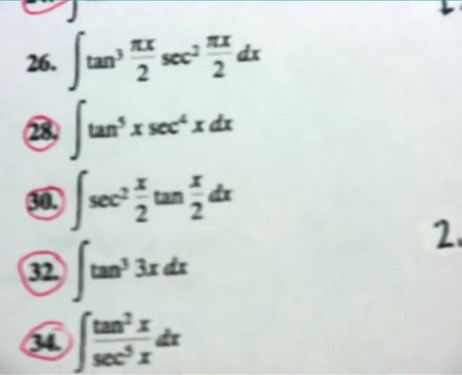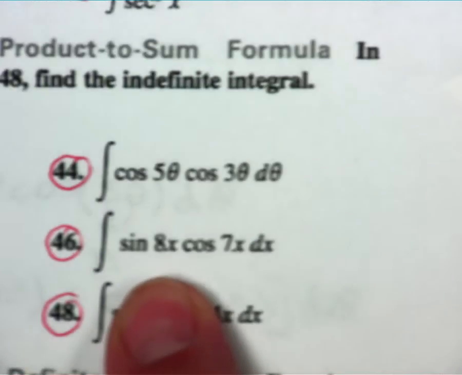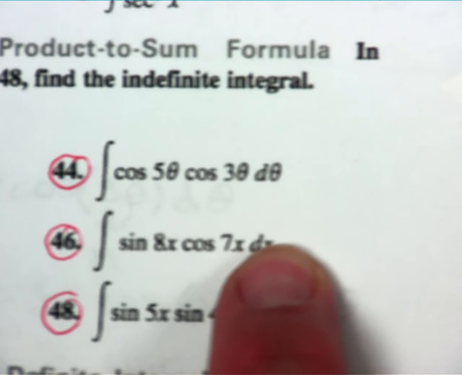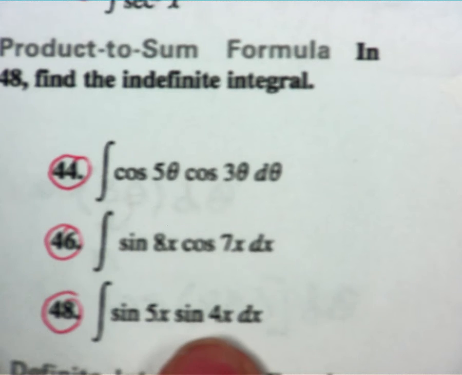Sine, cosine is formula B, and so M would be 8, and N would be 7, and you just plug it into the formula. Which formula would you use on number 48 with a sine, sine? That's formula A, where M is 5 and N is 4. All right. Give me 20 of those on the test.